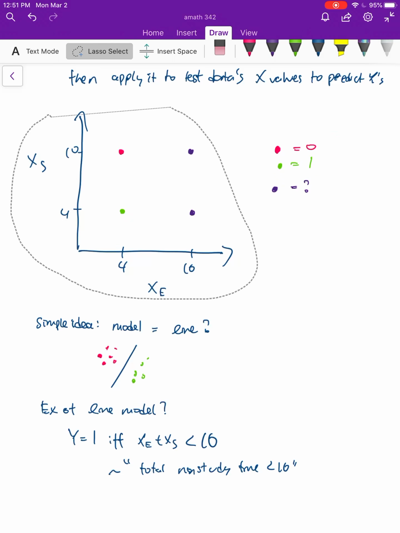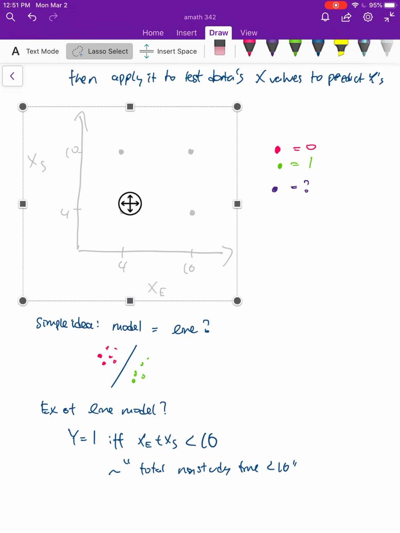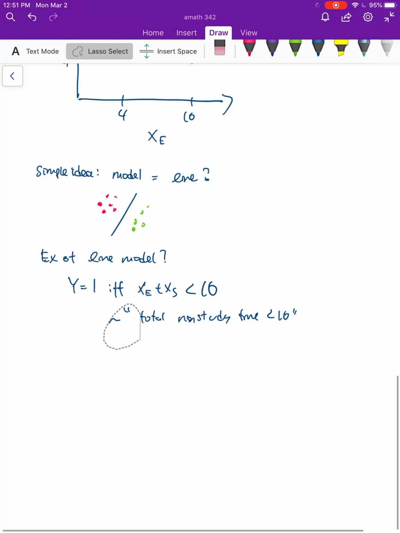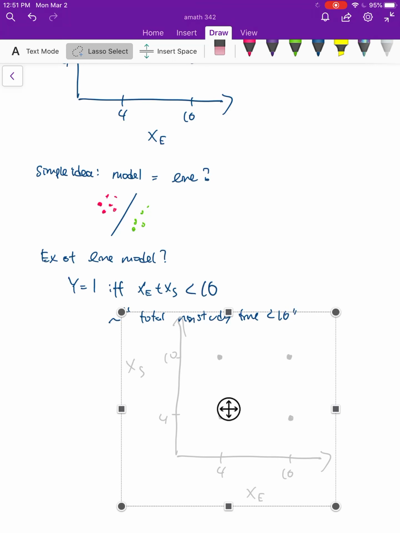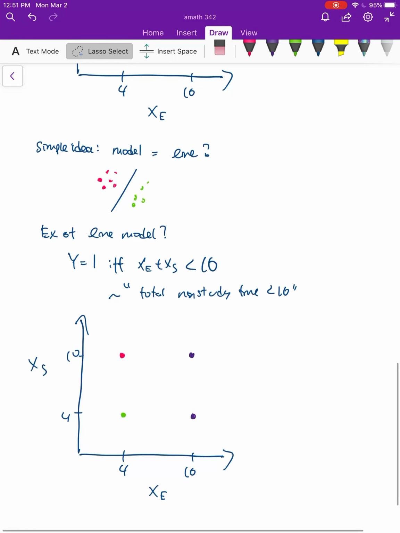I'm going to plot the line over here. Okay, so our decision boundary, XE plus XS less than 10, what does it look like? If we draw it here, it would look like this. It would cut across XS 10 and XE 10, and we say that Y equals 1 on this side.